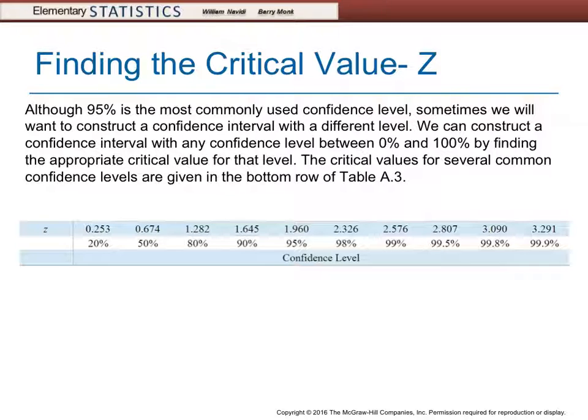The critical values for several common confidence levels are given at the bottom of row A3. So for 95%, we see it's 1.96. If we wanted the critical value for 99%, we would see it's 2.576.